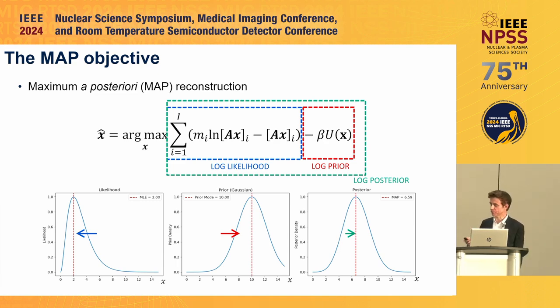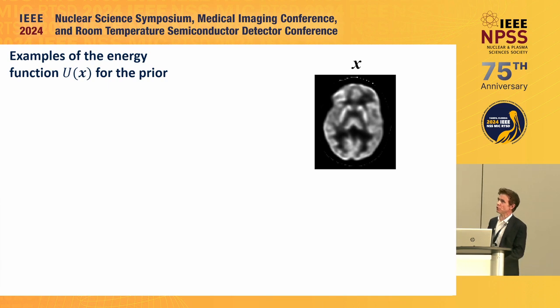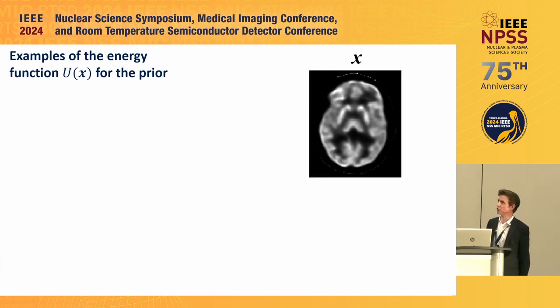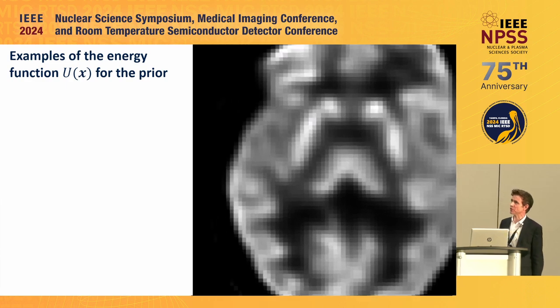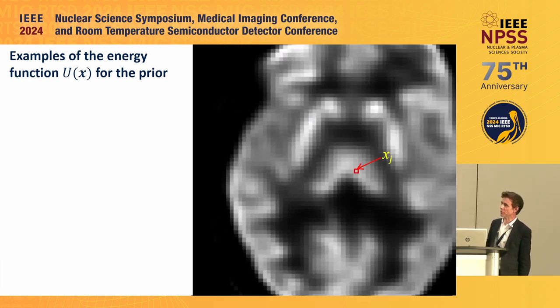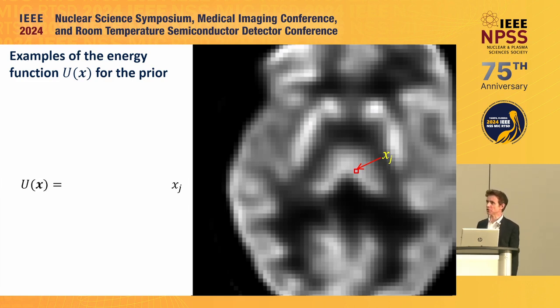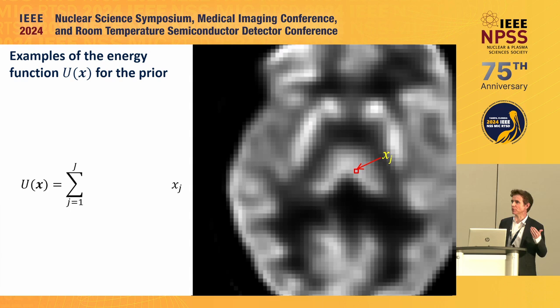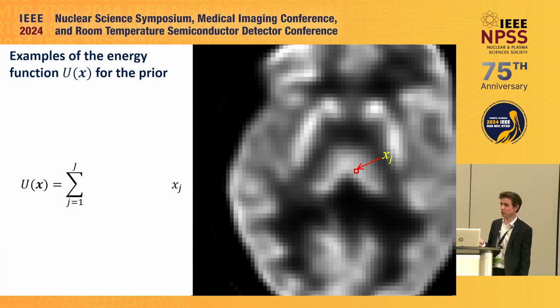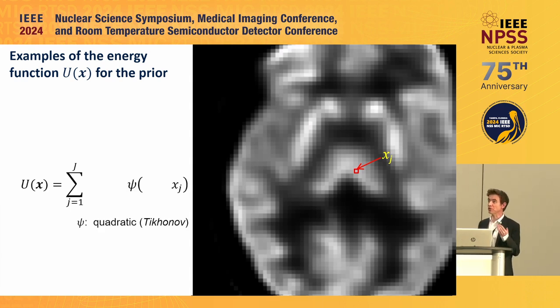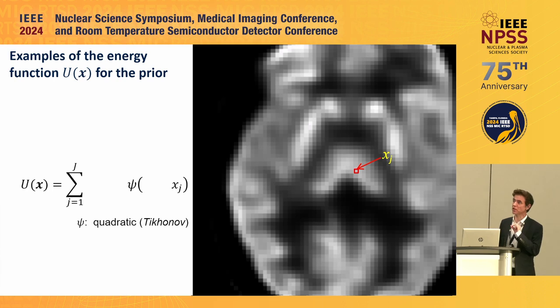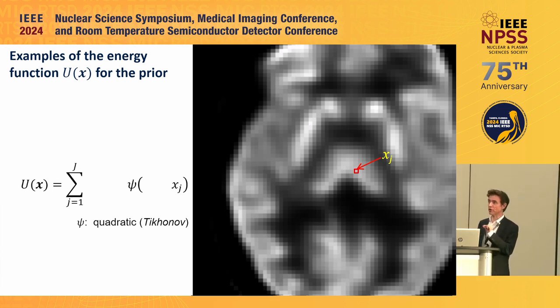Okay, so a quick look at the types of energy function that we might use. This should be very basic revision for most of you, but there's an image that I'm zooming in on. We can look at a pixel value xj, and we can have a go at assessing the energy level of this particular image. First of all, it's rather naive just to sum the pixel values, but that is effectively the kind of thing that's being done with a so-called Tikhonov regularization or a quadratic regularizer.